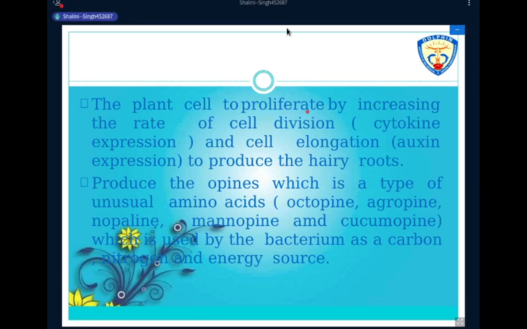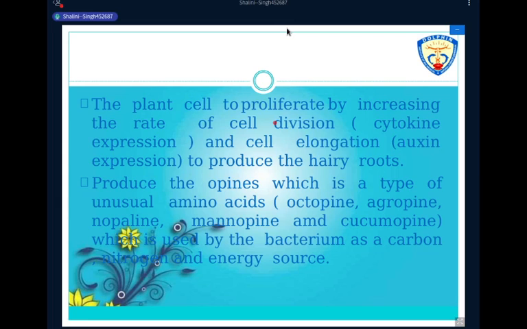This makes the plant cell proliferate by increasing the rate of cell division, because this plasmid also has some sequences which are responsible for the production of hormones. Which hormones? Mainly cytokinins and auxins. So as cytokinins and auxins would be there, it will help in cell division. And when cell division takes place, it will help in the growth, so it produces the hairy roots.